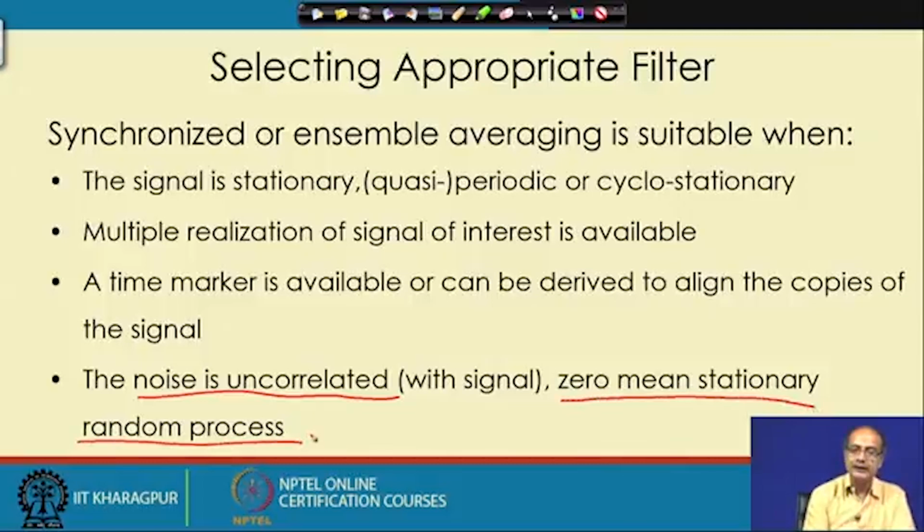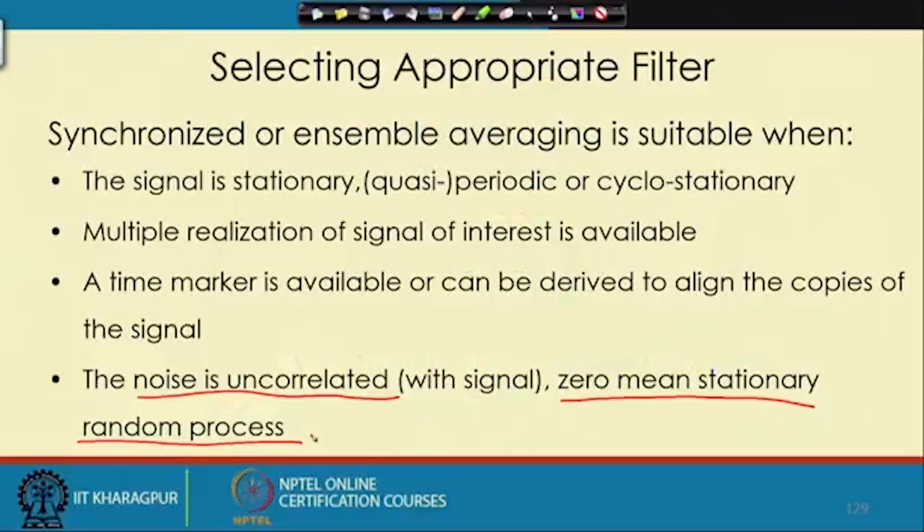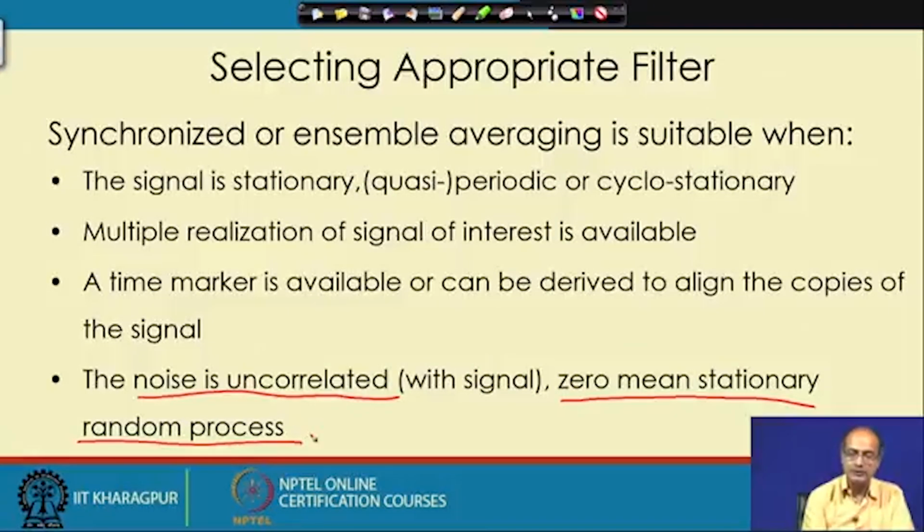So we see there are a number of assumptions or requirements: stationarity, uncorrelatedness of the signal and the noise, and the noise should be zero mean. Then we need multiple data or multiple realizations of the signal, and a marker or reference is required for the alignment of the signal.